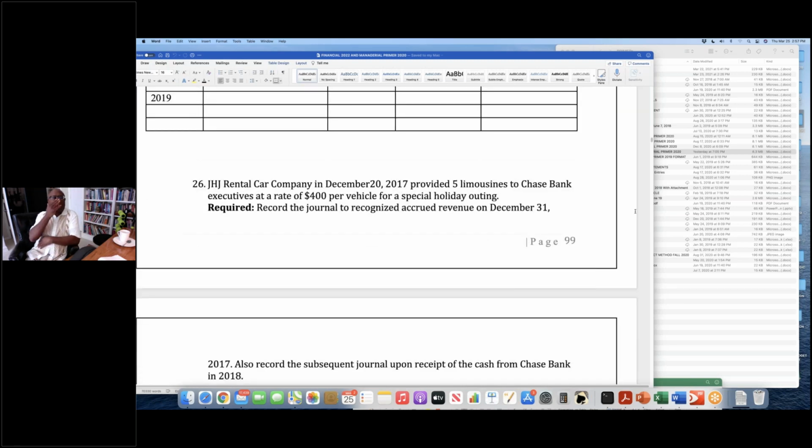Let's look at 26. In 26, JSJ Rental Car in December provided 5 limousines to Chase Bank for executives at a rate of $400 per vehicle for a special holiday outing. So at this big outing, the execs are picked up in limousines. So they had 5 limousines pick up the 5 execs and take them.